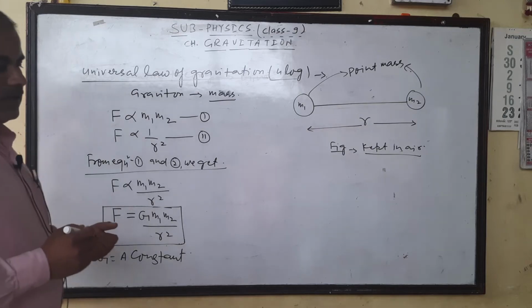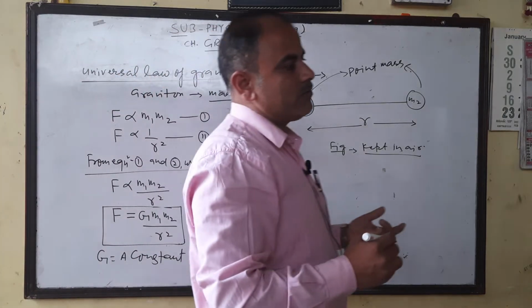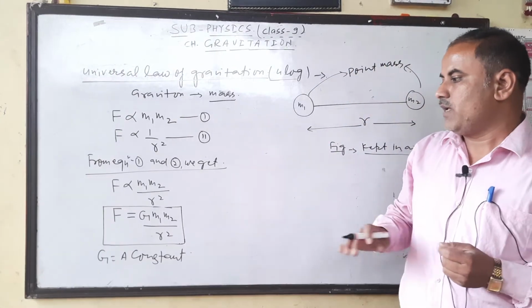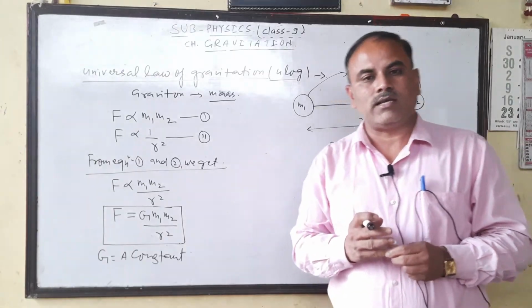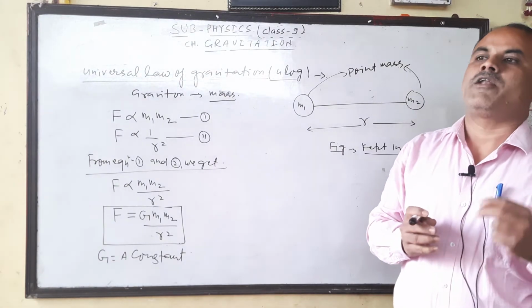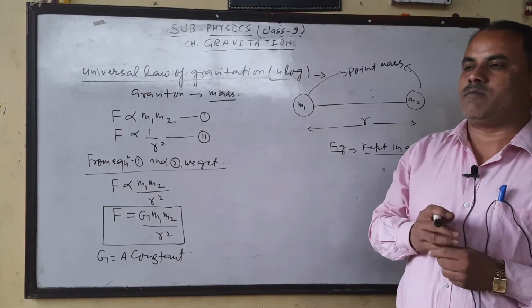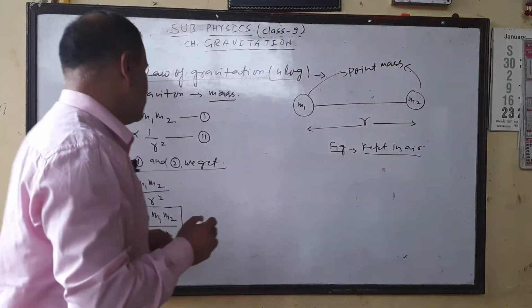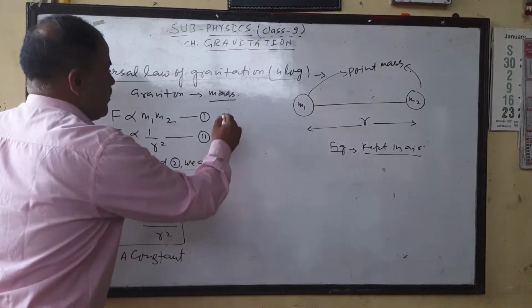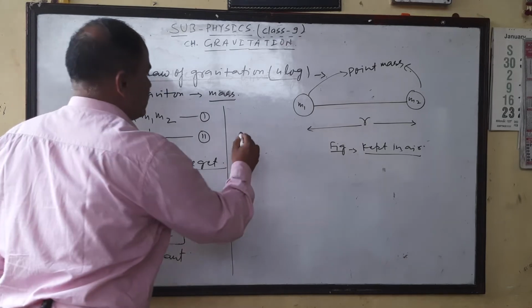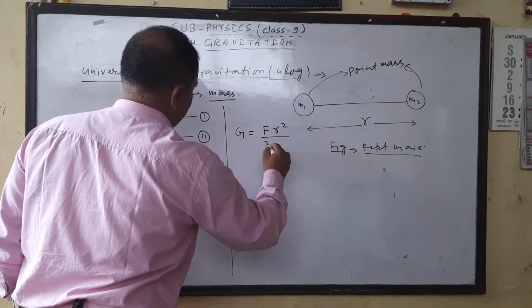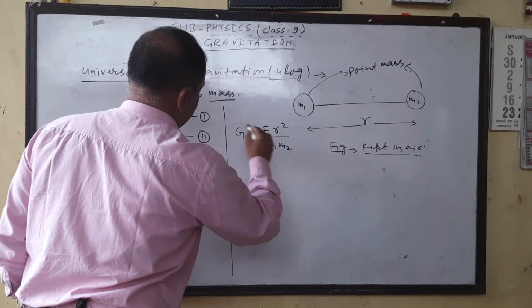Simply you can call it G is a constant, but capital G in a broad sense is called the universal gravitational constant or Newton's constant. Since it comes from Newton's law of gravitation, that's why it is called the universal gravitational constant. You can also get G equal to F into r square by m1 into m2.